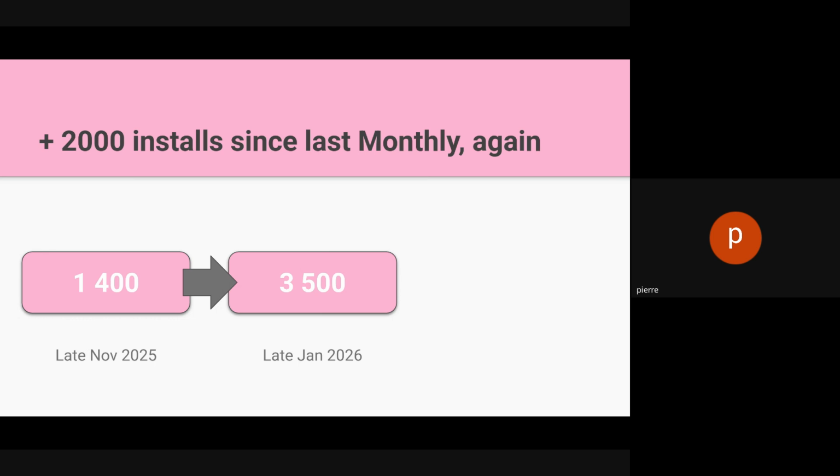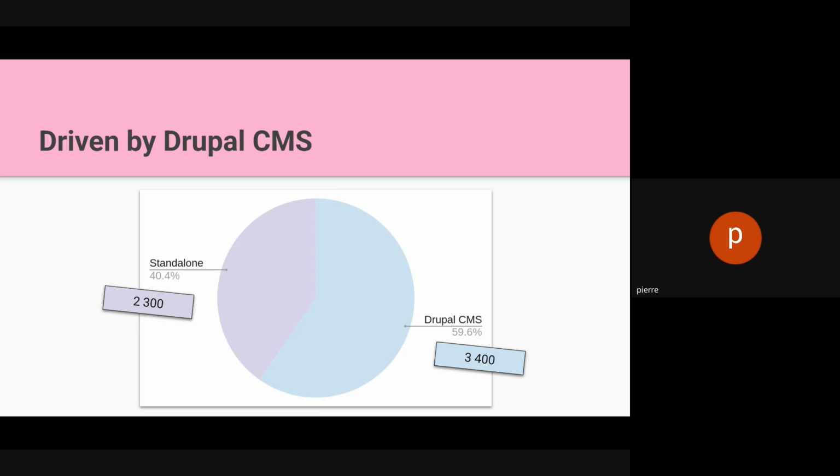UI Icons is a big success because once again, we got 2,000 more installs. So every time we do a monthly, we have big numbers. And this is mainly driven by Drupal CMS because today, according to Drupal.org, there are 3,400 Drupal CMS installations.